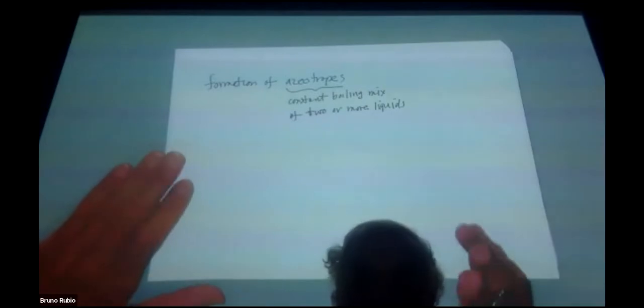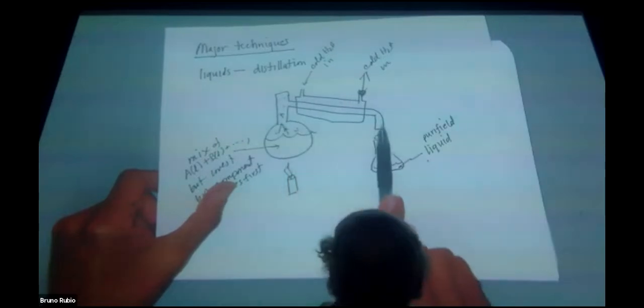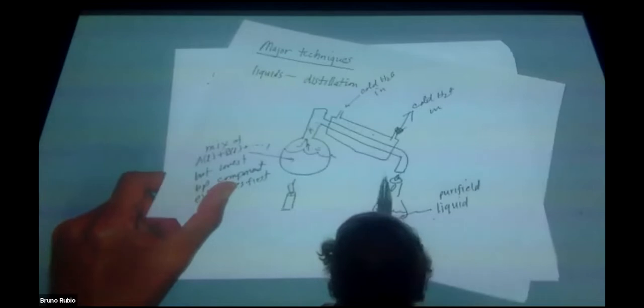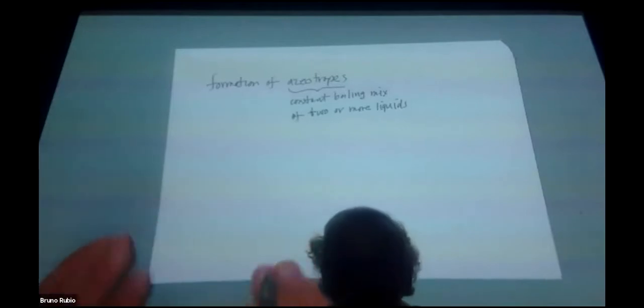And so you're thinking that as you heat the mixture of ester and water in here, you're going to be promoting the ester into the vapor phase, and it's going to be the ester that is condensing out, and it's going to be the ester that you have separated from the water. But that does not happen if an azeotrope forms.